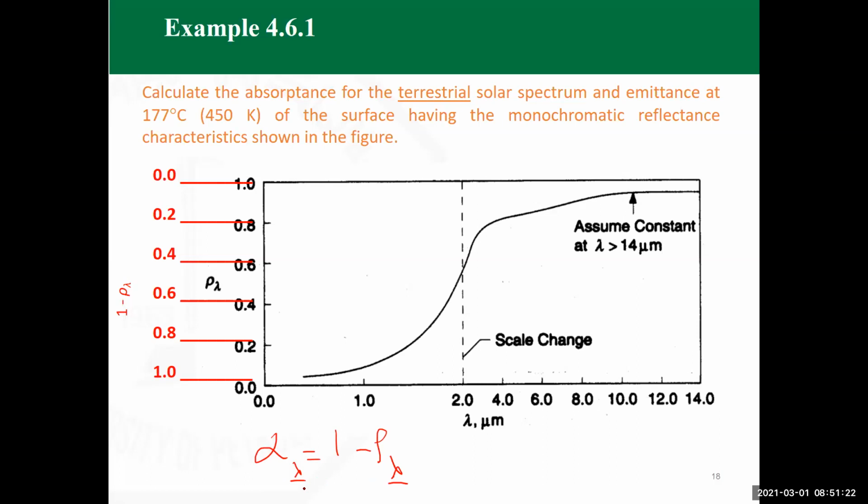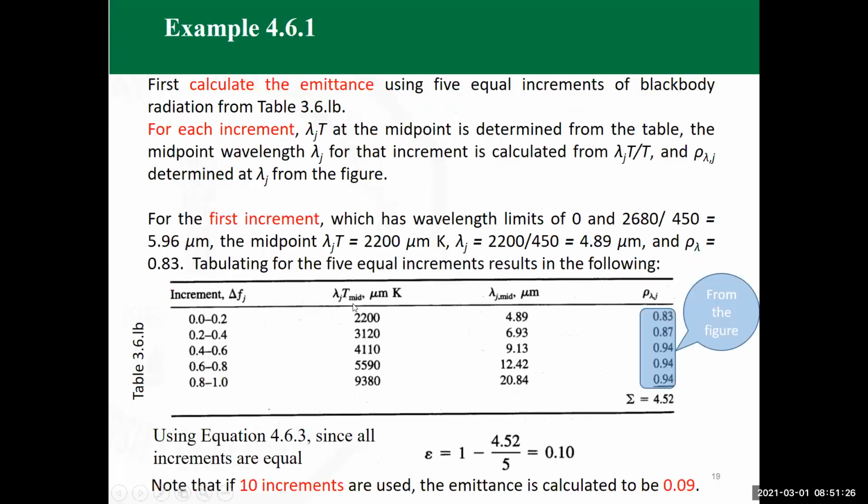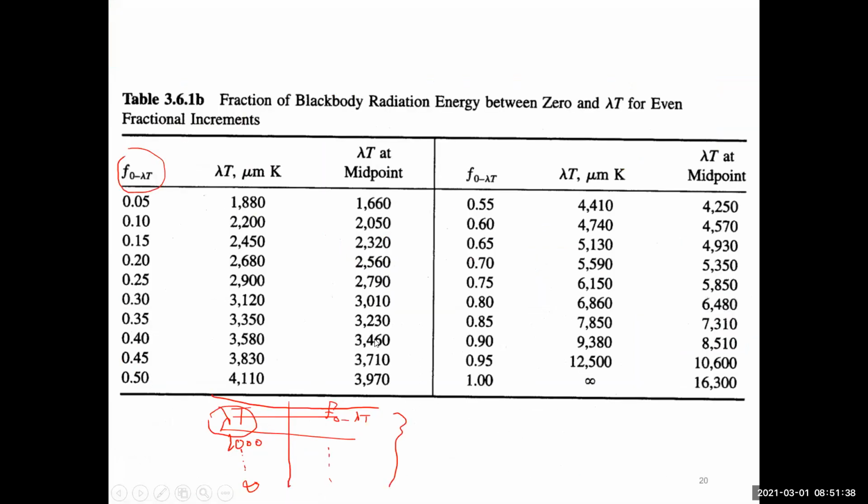So we are going to look at a table, which is providing us with the increment of the energy fraction with the corresponding value of lambda T. This is obtained from figure 3.6.1, in which this fraction of the energies is given and the corresponding product of lambda into T. The temperature is known for us, it's 450.